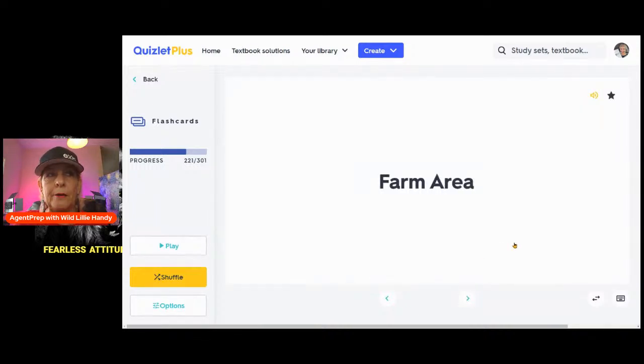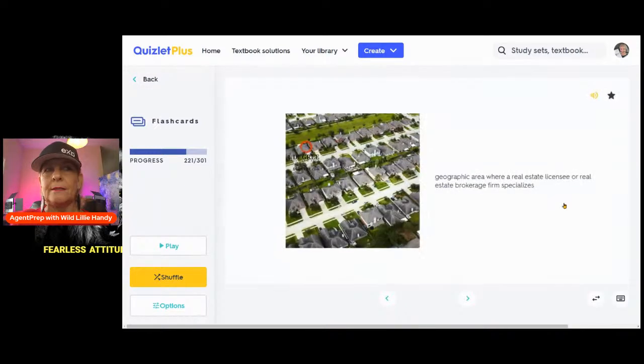A farm area. Oh, do you think you're going to think about animals type of farm? Or is this a different type of farm area? It's a different type. It's a geographic area where a real estate licensee or real estate broker firm specializes. So let's say you live in a neighborhood in your town, and there are lots and lots of homes.